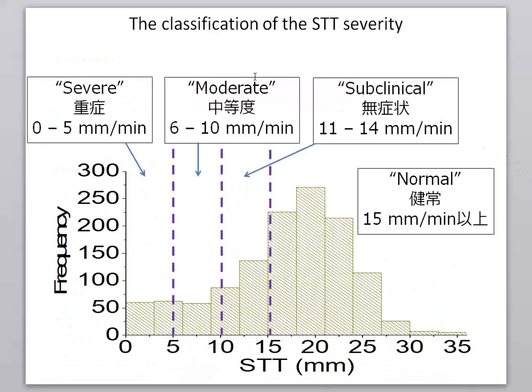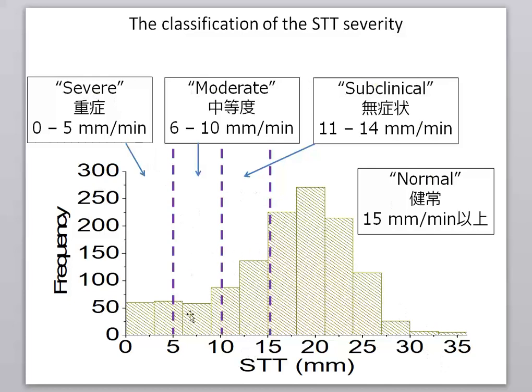Okay, now I'm going to talk about the results. This slide is important. This is the frequency distribution of the STT results obtained from the total population. We divided the total population into 4 groups: severe, moderate, subclinical, and normal states.